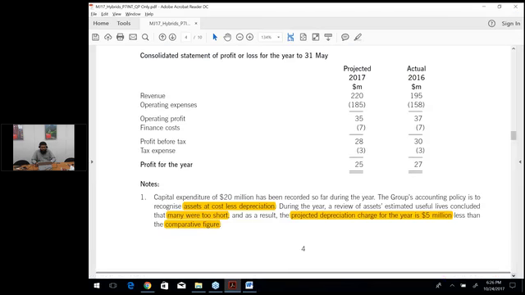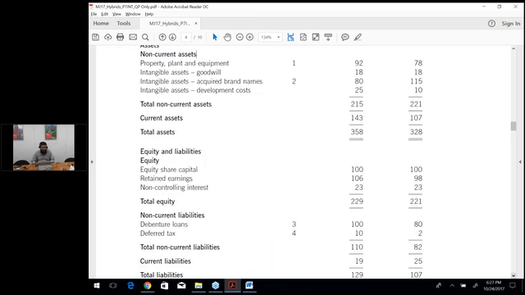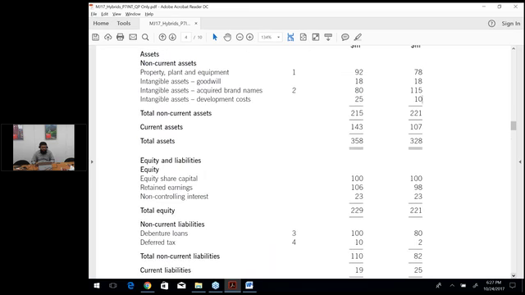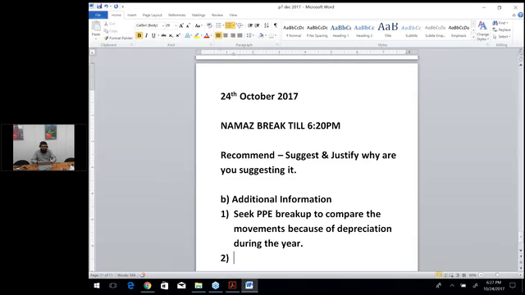Then, furthermore, you'll find intangibles: goodwill, acquired brand names, development cost, then the total non-current assets, and then there are current assets. So they should give a detailed current assets breakdown. The current assets breakdown is important.